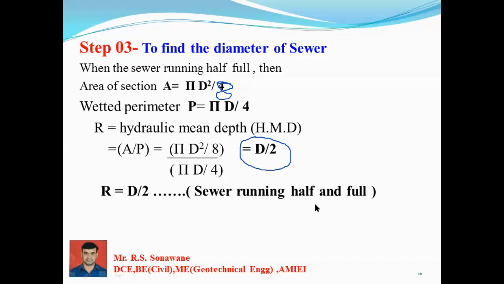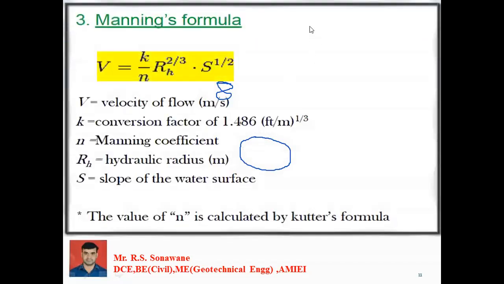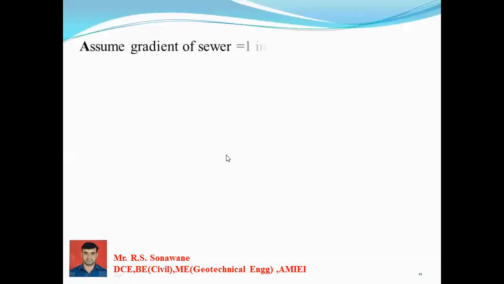It's for a sewer running half and full. According to Manning's formula, V is equal to K upon N R raised to 2 by 3 into S raised to 1 by 2, the velocity of flow, which I already explained in a previous lecture.